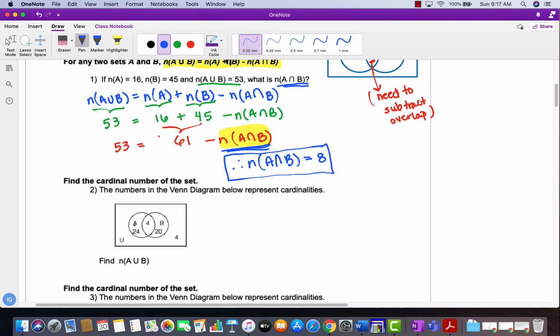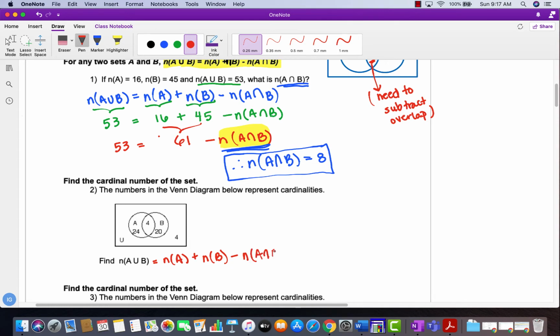This one, they give you the picture, and we need to find the union of A and B. So the number of elements of the union. So basically, if we reuse the formula, this is equal to the number of elements of A plus the number of elements of B minus the overlap, right?